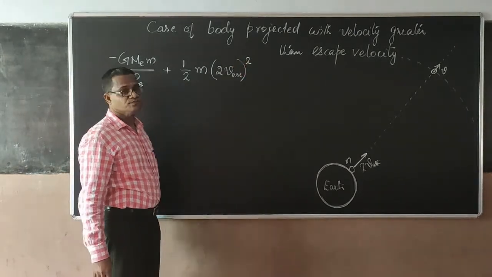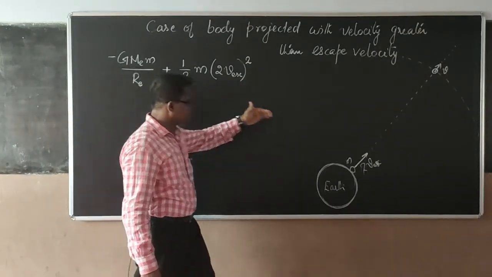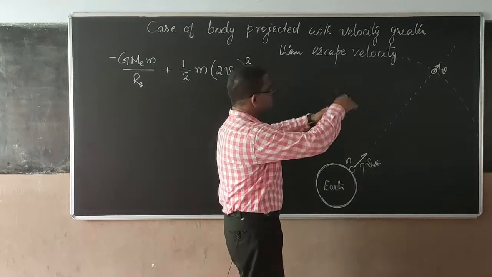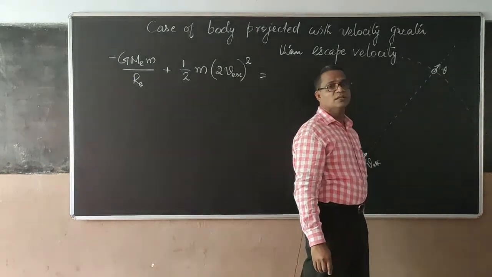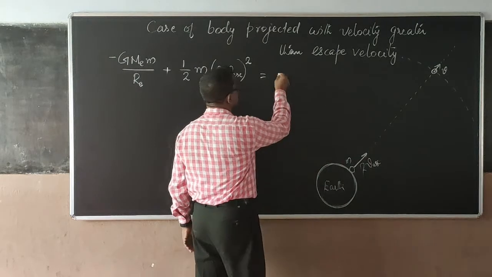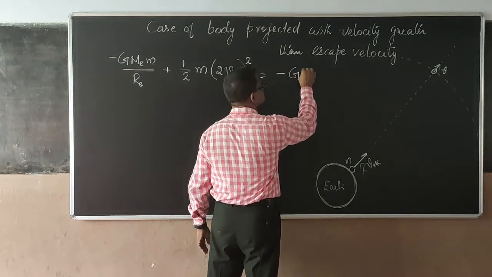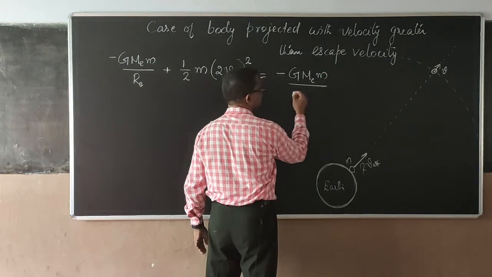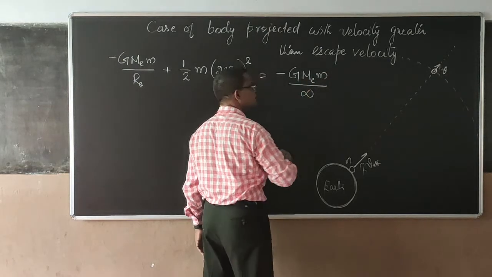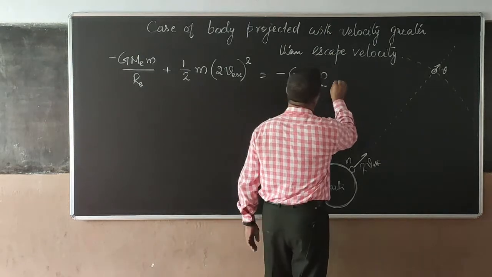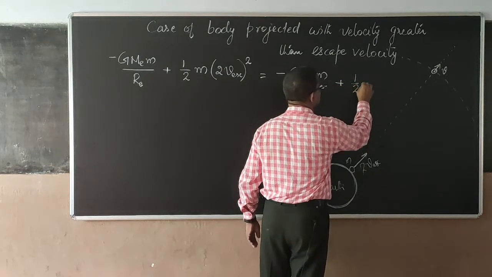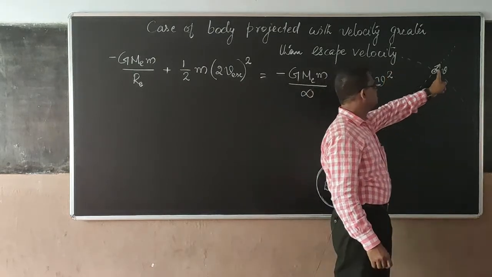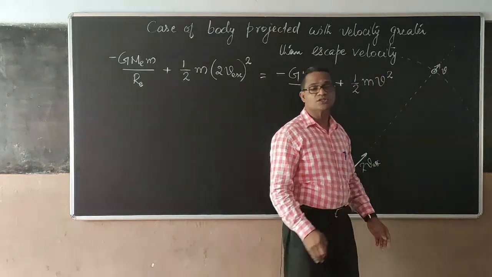So this is the total energy when the body just starts from here. And as the body just crosses over the boundary, the gravitational potential energy at that point will be G Me m divided by infinity. You got the reason for it. Plus half m v squared. This v is the velocity with which it just crosses the boundary.